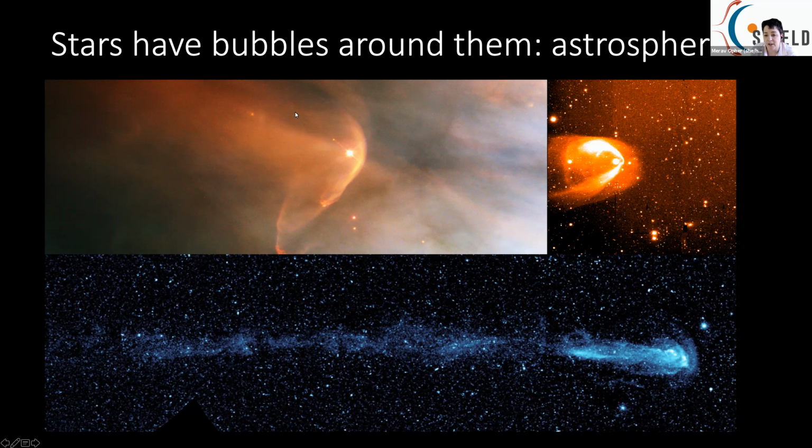Sometimes you don't see the whole cocoon, you just see the effect of the medium that surrounds the star, the interstellar medium, and you can see the shock here. For some much more massive stars, you can see the cocoon extending in a long tail in the back. So in a bigger picture, we say astrospheres.